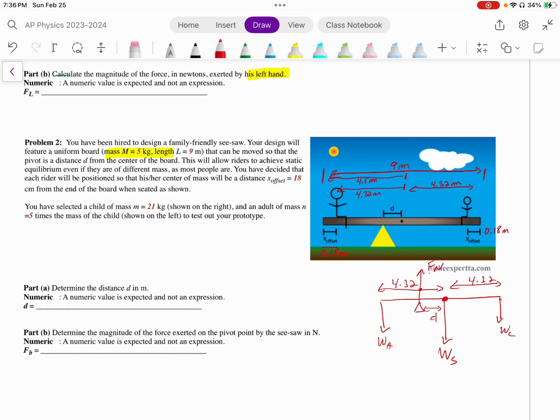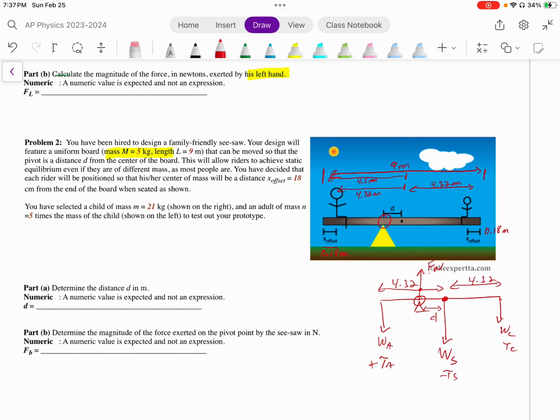So we want to know d, and I am going to pick this as my axis of rotation. It gets rid of force normal. I know all the other forces, okay? So let's go torque A. That's going to cause it to go in a positive direction. Torque sub S is negative.